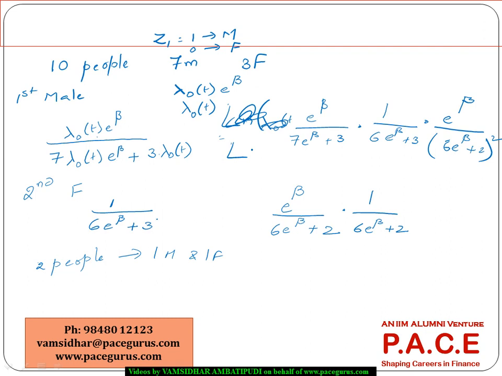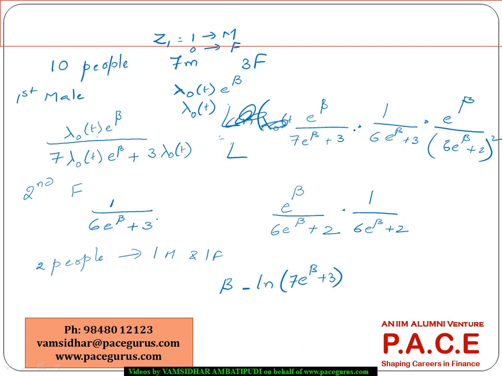Now after that I can find the log likelihood for the same by taking the relevant logarithms. So first, log e power beta, which is beta, minus log 7 e power beta plus 3.